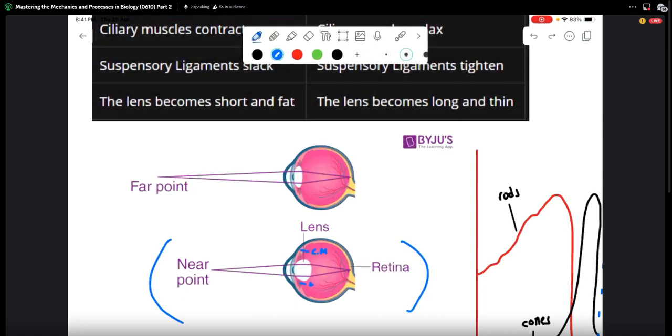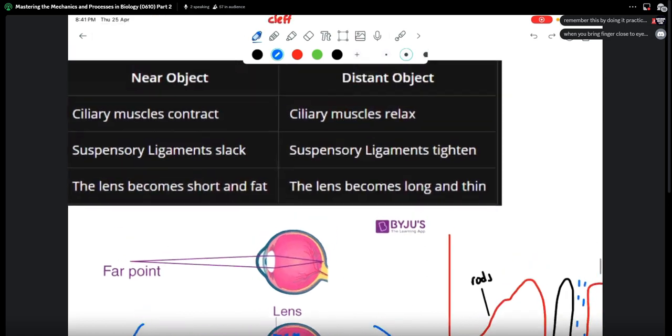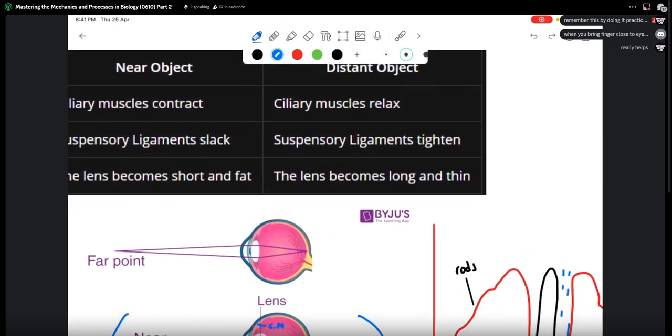Now, I put my hand further away. That hand that was far away is the far point. So this is going to happen: the ciliary muscles will begin to relax.